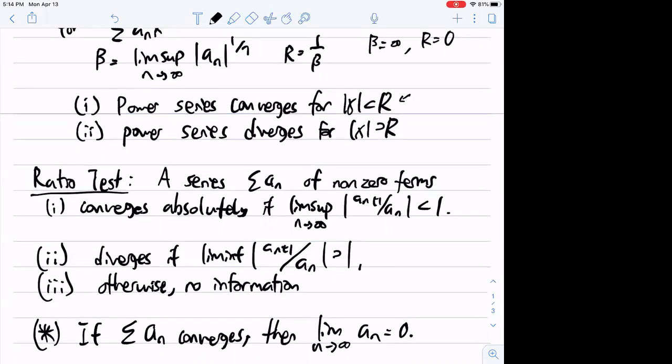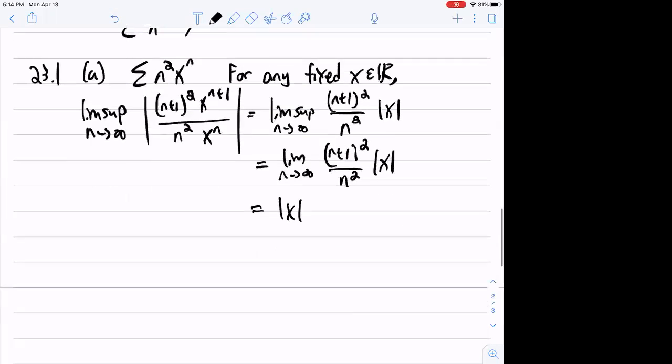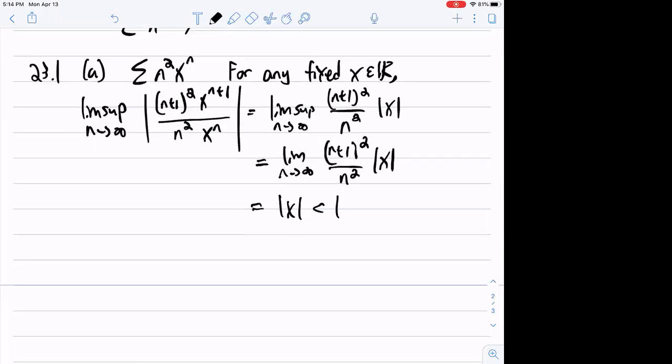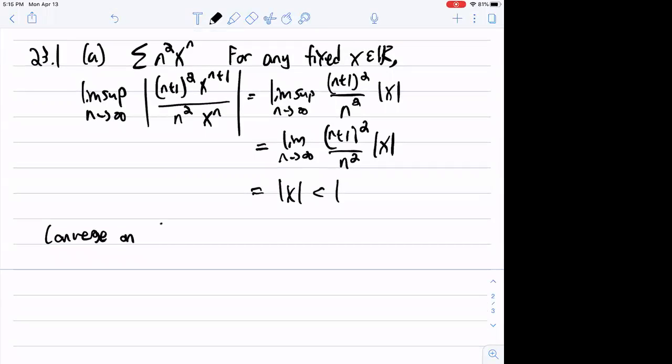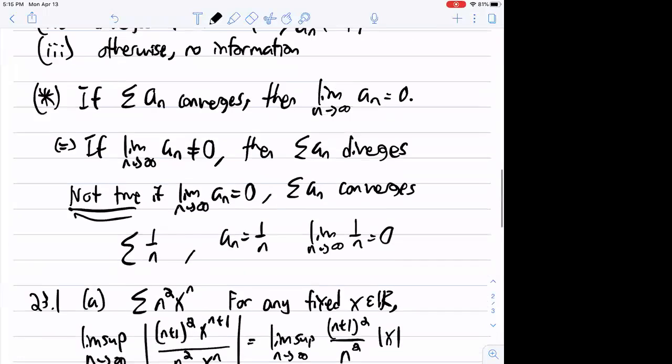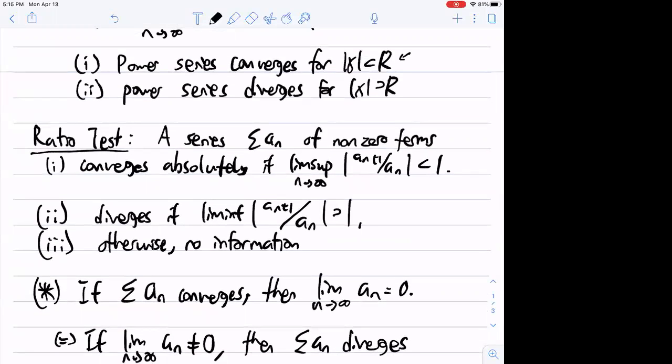Part 1 says it converges absolutely if the lim sup, which is the limit in this case, is less than 1. So I need this to be less than 1, and then I converge. Part 2 of the ratio test says I diverge if the absolute value of x is bigger than 1.